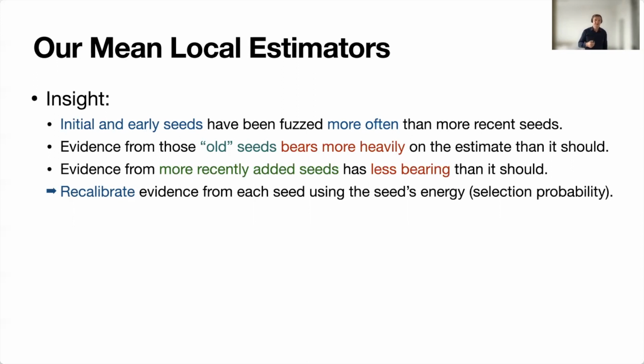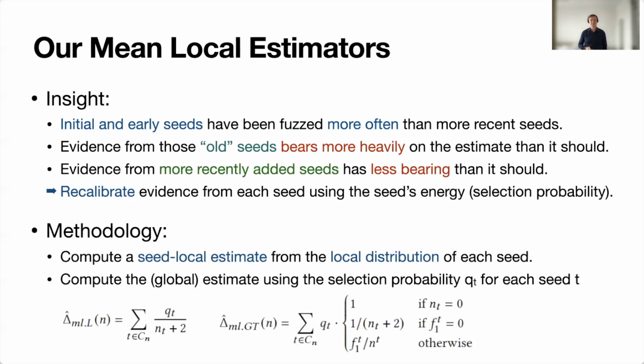So our idea is to recalibrate that evidence and compute the contribution of each seed based on their selection probability. So we compute what we call a seed local estimate of that estimator from the local distribution of each seed, and then compute the global estimate using the selection probabilities for each of these seeds.